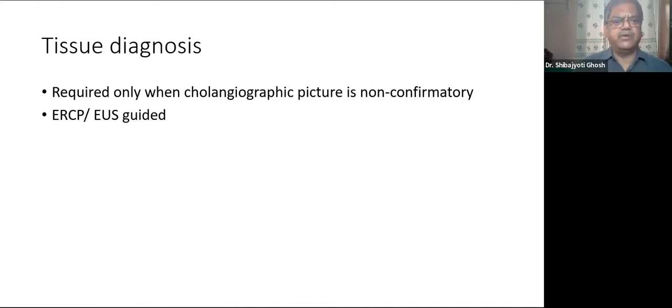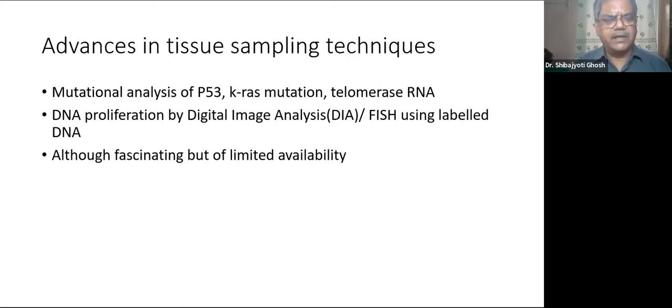Tissue diagnosis is required only when the cholangiography pictures are non-confirmatory, and it can be taken by ERCP or EUS guided. Now, these are a few things about the advances in tissue sampling, not only the routine histopathological examination and the other things that we are using nowadays: mutational analysis of P53 and KRAS mutations, telomerase RNA estimations, or DNA proliferation by means of digital image analysis and FISH techniques.